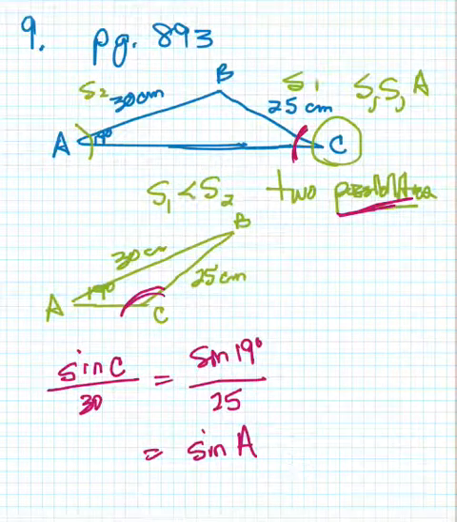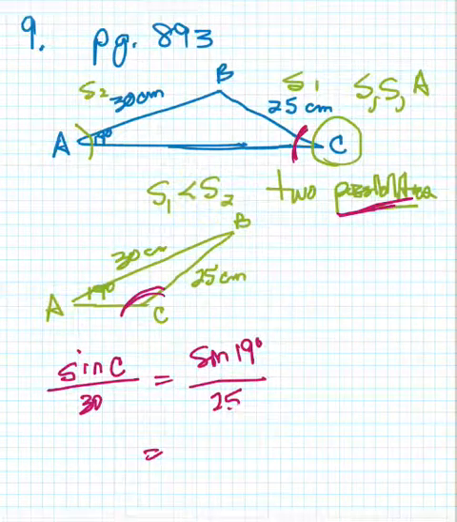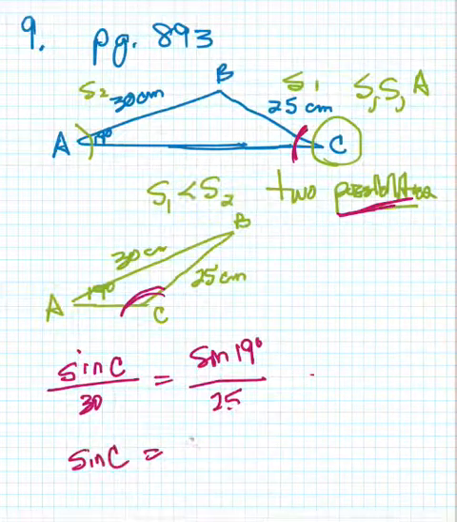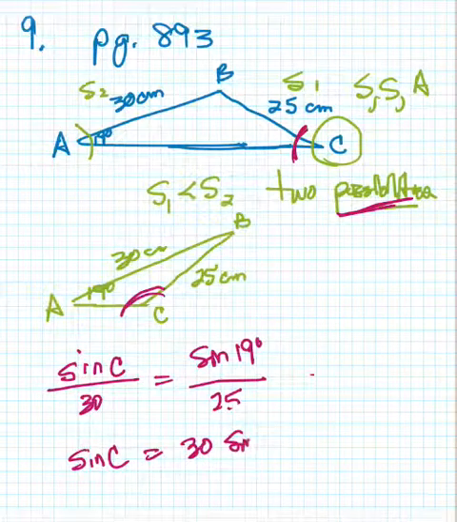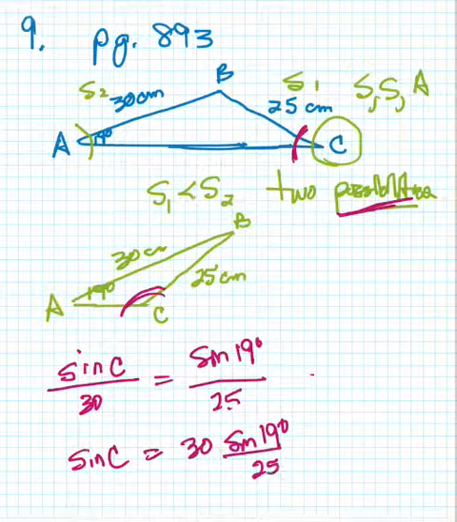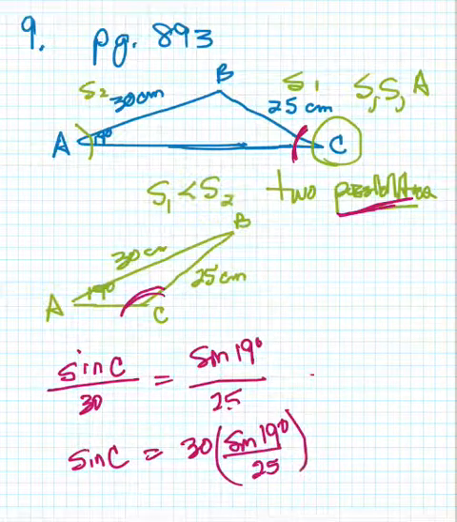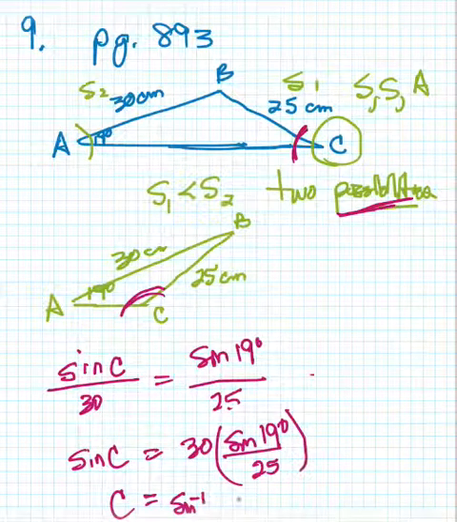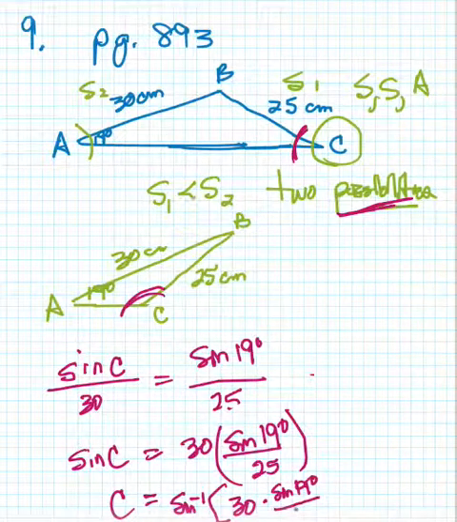So let's work it out correctly. We could solve for C, right? The sine of C is going to be 30 times the sine of 19 degrees over 25. Or C is going to equal the sine inverse of all of this, 30 times the sine of 19 degrees over 25.